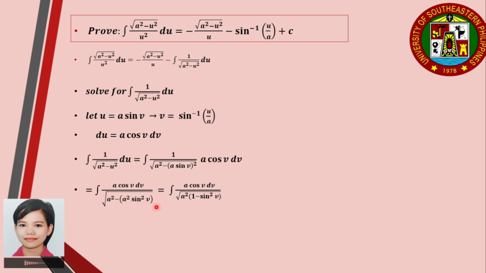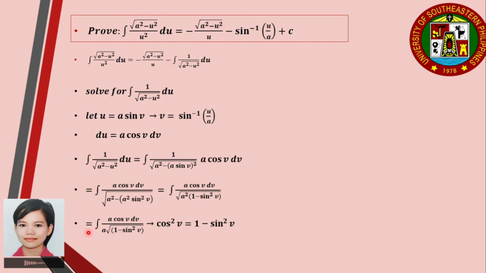So it can be written as the integral of the remaining numerator, a cos v dv, all over the square root of a squared times 1 minus sine squared v. As you can observe right here, it is a Pythagorean identity. The Pythagorean identity that we can use right here is cos squared v equals 1 minus sine squared v.